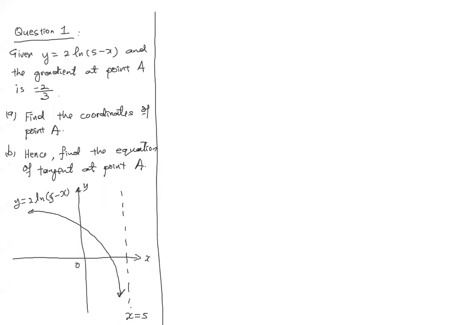Why must x be more than 0? 5 minus x more than 0. So why is there no graph over here? X must be less than 5. Okay, correct. So x equal to 5 is the vertical asymptote. Thank you. So my graph is correct.